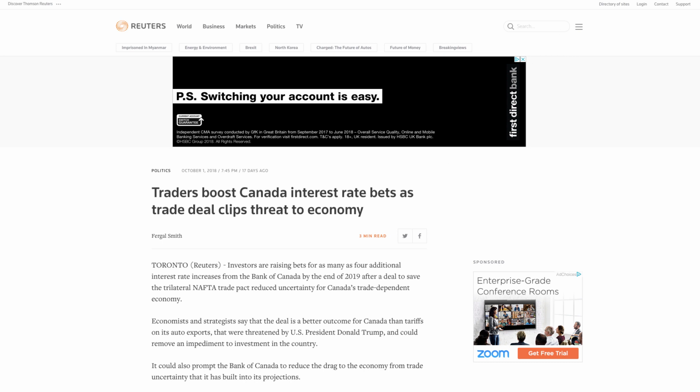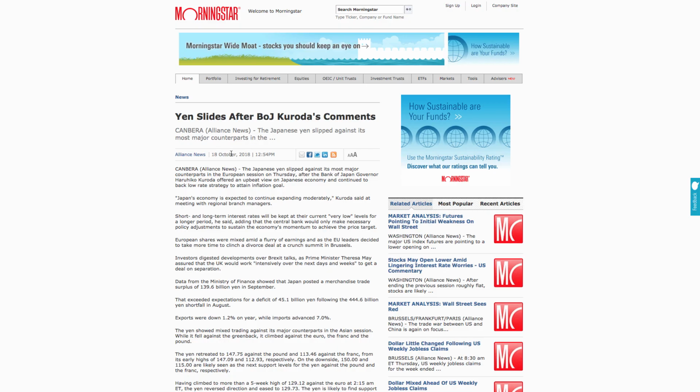Now if we look at the Japanese yen, this is today, 18th of October. Yen slides after Bank of Japan Kuroda's comments. The Japanese yen slipped against its major counterparts in the European session on Thursday after Bank of Japan Governor Kuroda offered an upbeat view on the Japanese economy and continued to back a low interest rate strategy to attain the inflation goal.